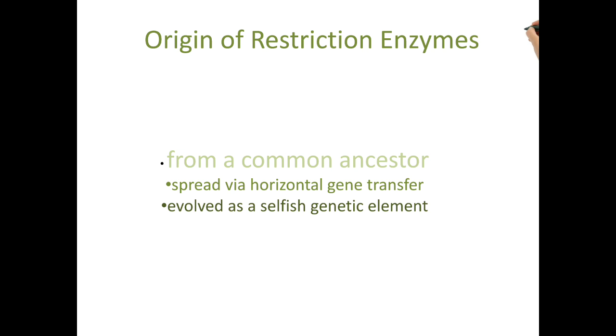And the third point is evolved as a selfish genetic element. Now, what is selfish? Selfish is someone who just thinks about himself and only himself. So these elements or molecules, restriction enzymes, make more copies of themselves than required. This extra copy-making phenomenon has no role in the evolutionary pathway, but they are made because the restriction enzymes want to make sure that they are safe.